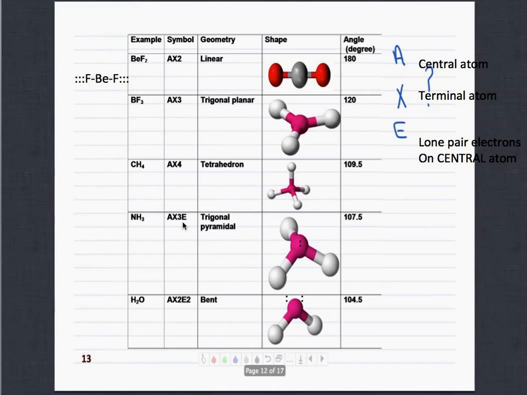So in the case of lone pairs, you have to think where it is coming from. In other words, 3 terminal plus 1, that's AX4. So the electron geometry of ammonia is tetrahedral, yet the geometry of the molecule is trigonal pyramidal.